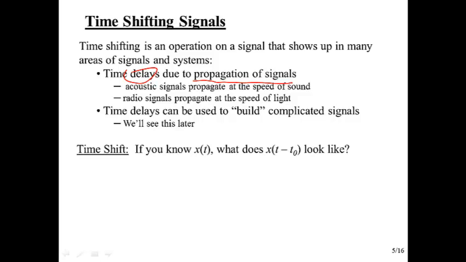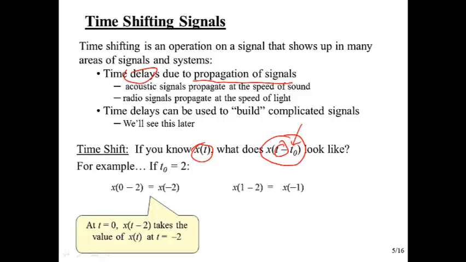For a time shift, suppose you know what x of t looks like. You want to know what x of t minus t0 is, where t0 can be either positive or negative. We choose as our convention the negative sign there. For example, suppose t0 is 2.